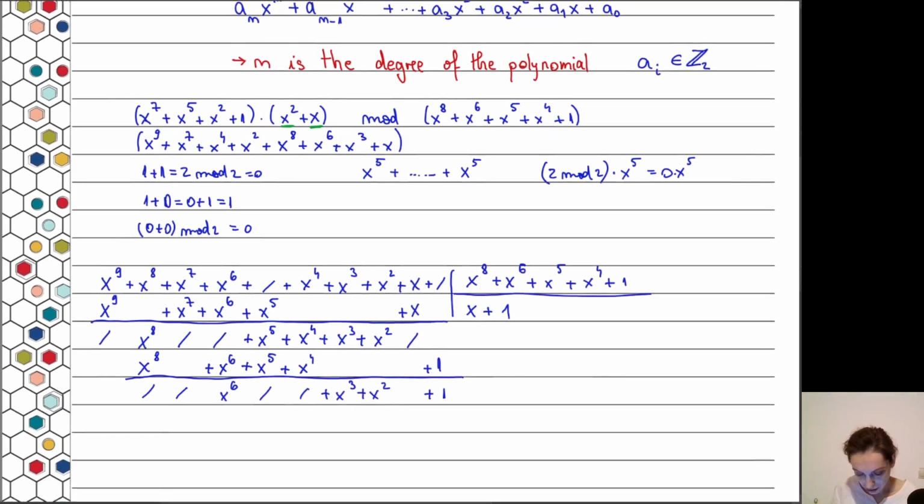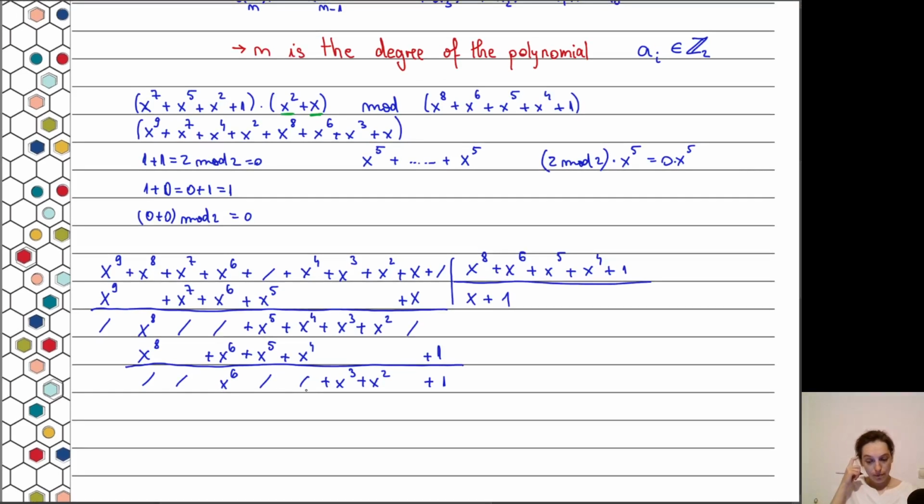And that's the remainder when we reduced this polynomial by this irreducible polynomial. So our result is x powered by 6 plus x powered by 3 plus x powered by 2 plus 1.